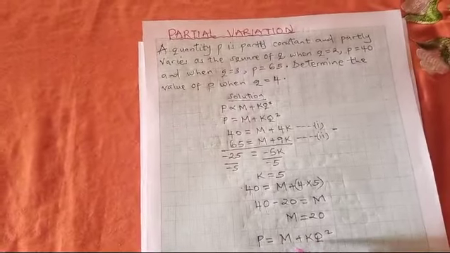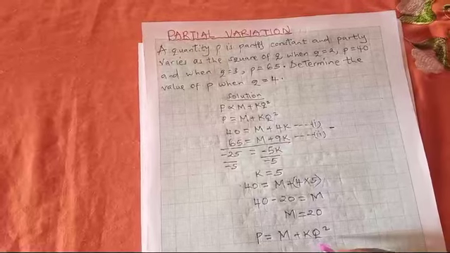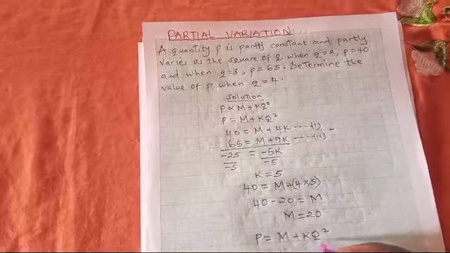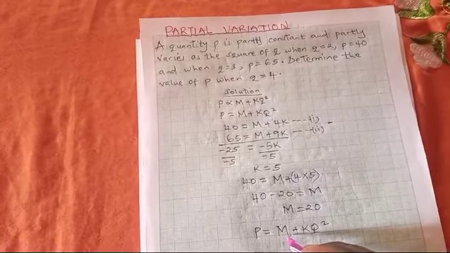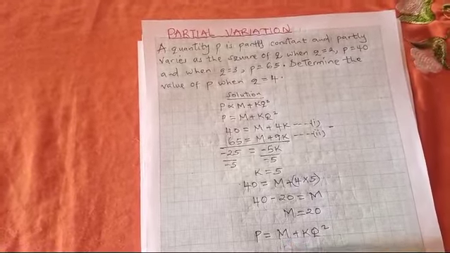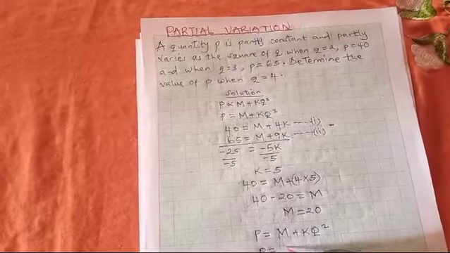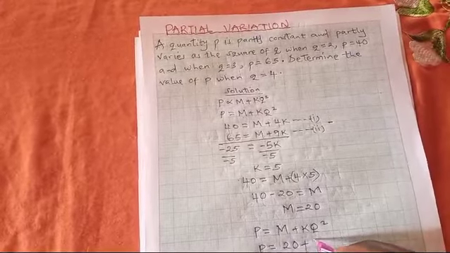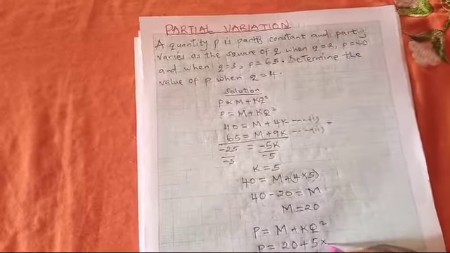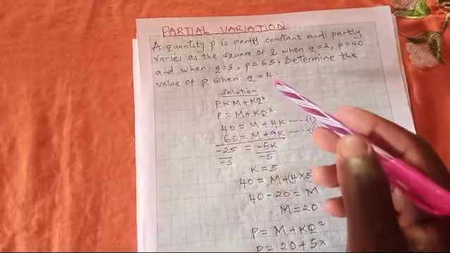We already have our M and our K. We also have our Q. So we substitute the information we have in this equation by saying P is equals to M, which is 20, plus K, which is in fact 5, times Q squared.